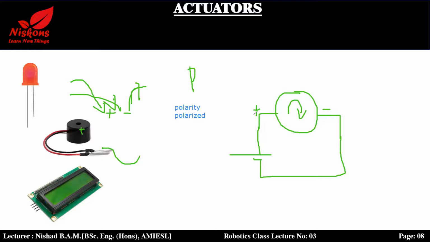If we connect the motor the other way around, with the battery's negative to the motor's positive and positive to negative, then not all motors, but those which are non-polarized, will rotate in the other direction, anti-clockwise.